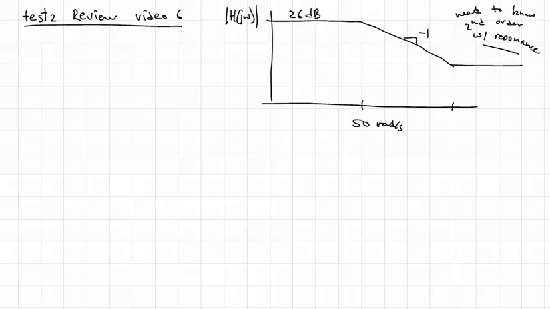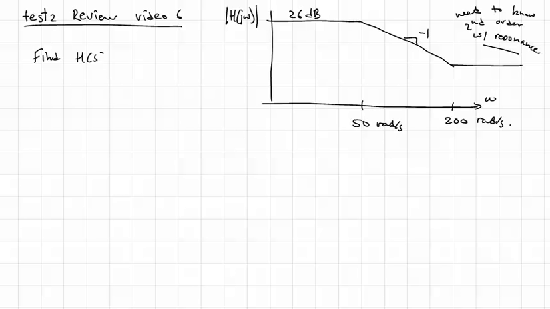So the idea is that you're going to be given a plot that has enough information on it so you can identify the breakpoints and the different asymptotic values like 26 dB, and then this goes down to 100, 200 radians per second.